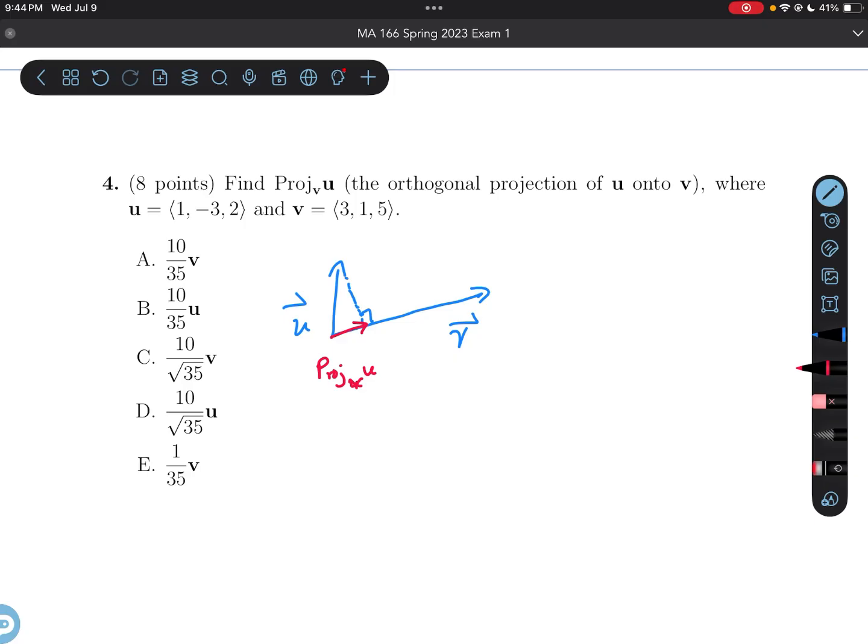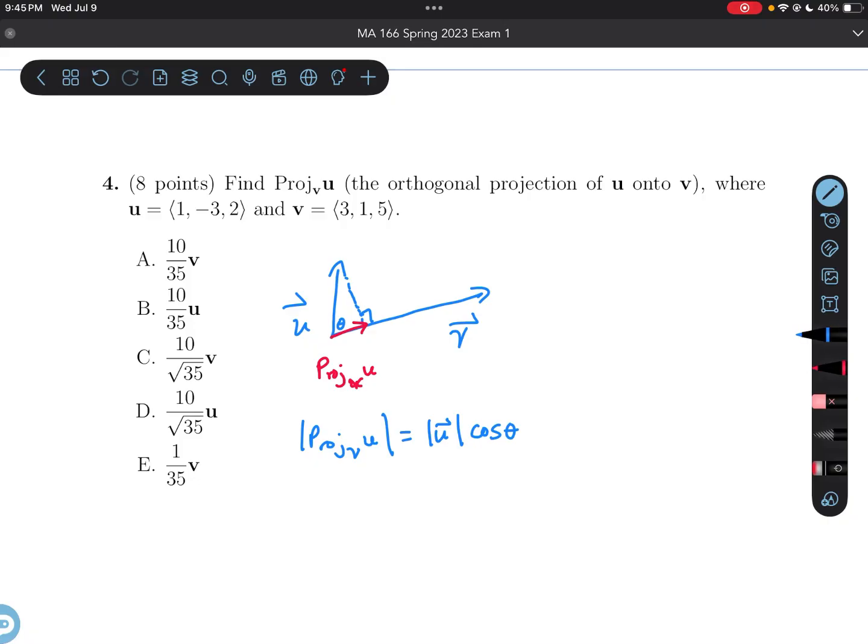First, let's say that the angle between vectors u and v is theta. Using trigonometry, the length of the projection vector would be the length of the hypotenuse, which is the magnitude of u, times cosine theta, because this is the adjacent side. So the magnitude of the projection vector is the magnitude of u times cosine theta.